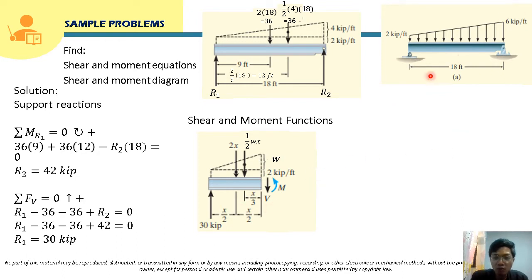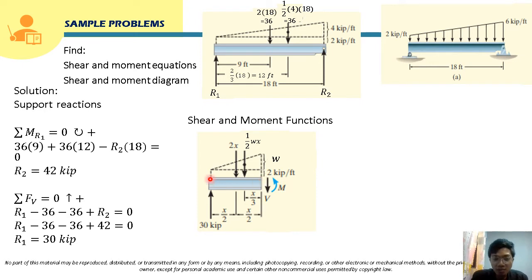And of course, we have to include here also the reaction force for the support. So the reaction here, class, is 30 kips. Also, for the loadings here, we are going to convert them into their equivalent point loads. For the rectangle, the equivalent point load is just the area of the rectangle, which is base times height.